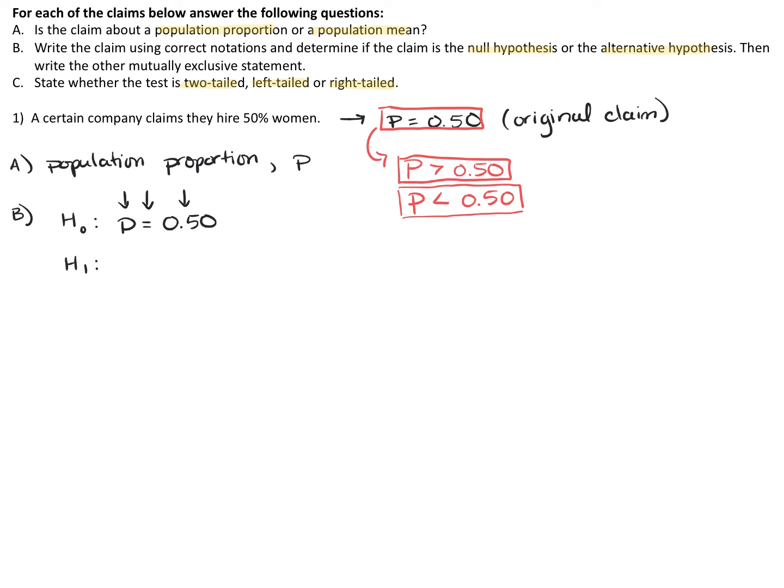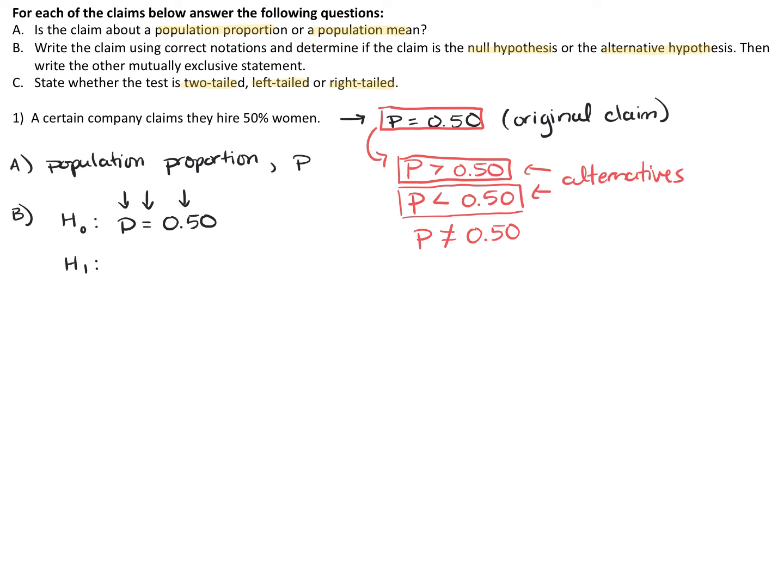But because we have 2 possibilities down below here as alternatives, right, we need to make sure that we have mutually exclusive statements. So how do we say that P can either be greater than 0.50 or P could be less than 0.50? Well, we can simply say that if P is not equal to 0.50, then we simply write it as P not equal to 0.50.